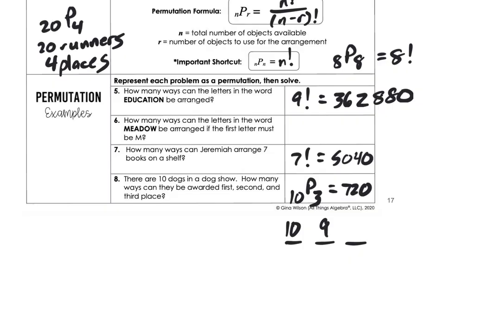Now there's 9 dogs left for second place. And then for third place, we have 8 dogs left. If I take 10 times 9 times 8, I would also get 720. So that's really what factorial, or in this case permutation, is doing, is it's limiting my options, right? We're not placing all 10 dogs in order. We're just doing the 3 and which place. And the order matters. What place they get matters.